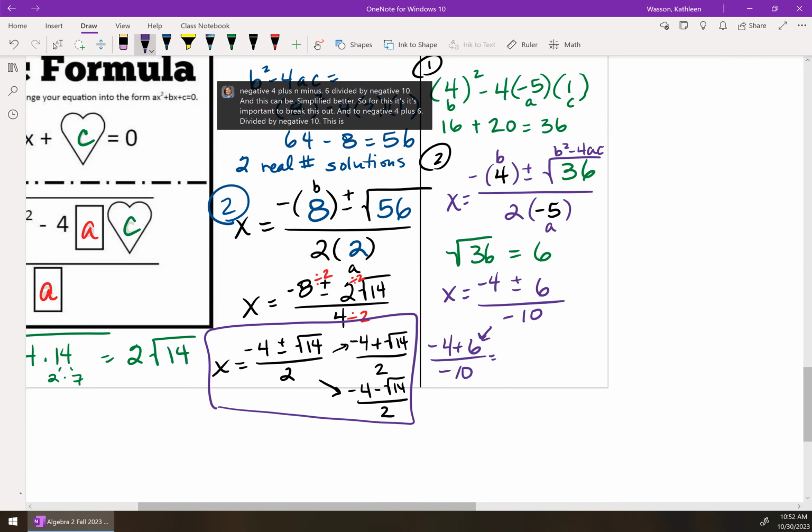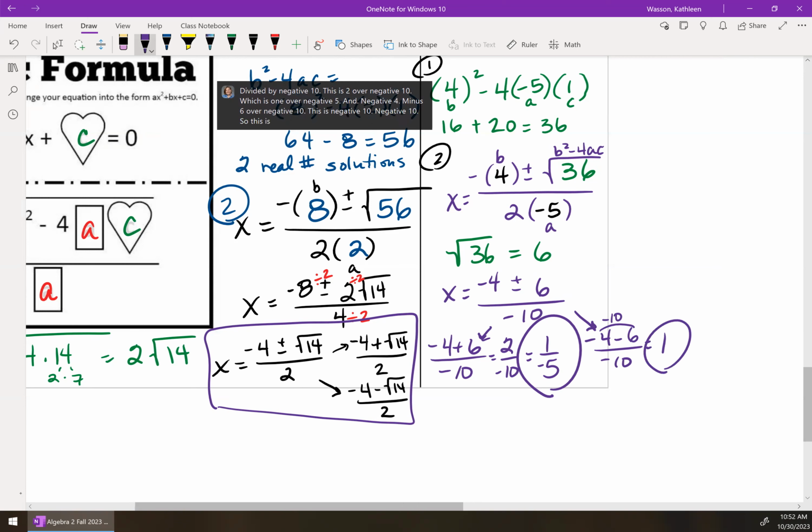This is 2 over -10, which is 1 over -5. And -4 minus 6 over -10. This is -10 over -10. So this is 1.